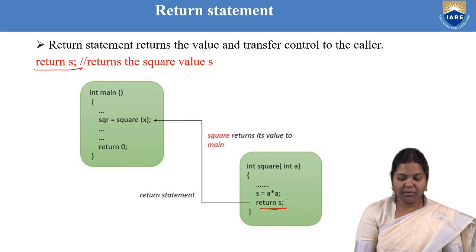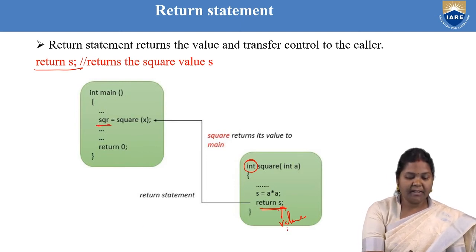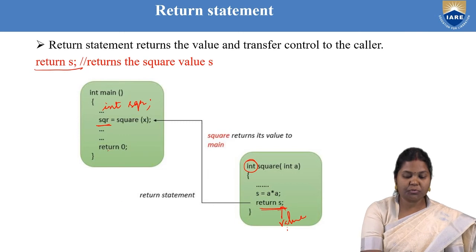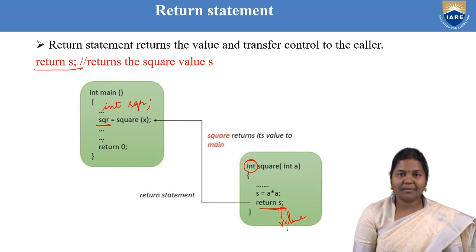So it is returning one value, and that value is nothing but an integer. That's why the return data type is integer. So here you should declare one integer variable, int sqr, because it is going to store one integer. After receiving the value from your calling function, you can continue with the rest of the program.